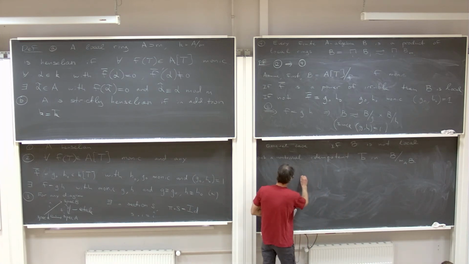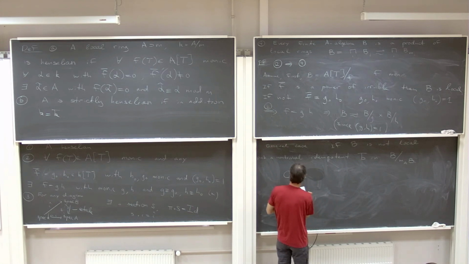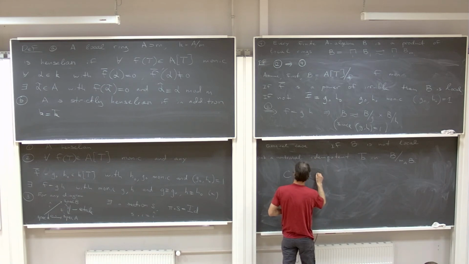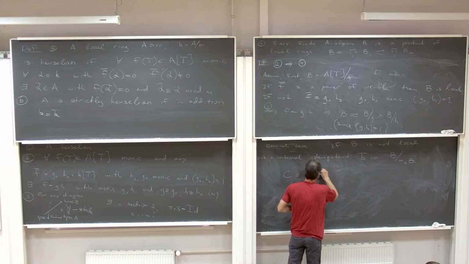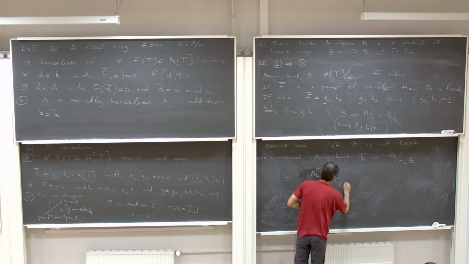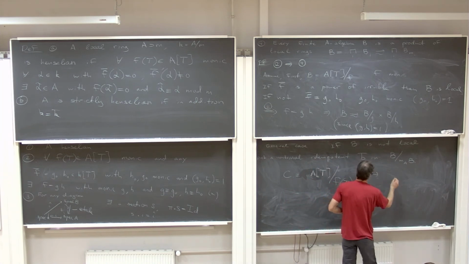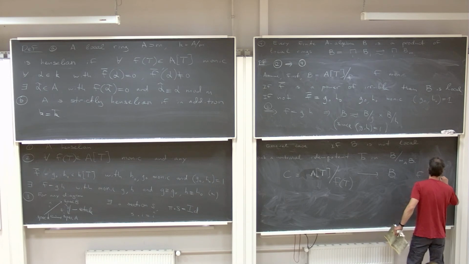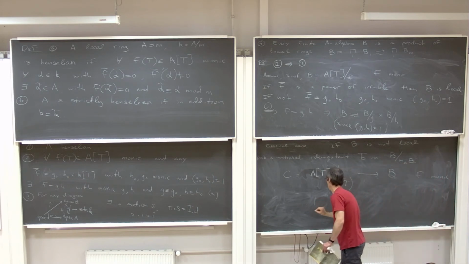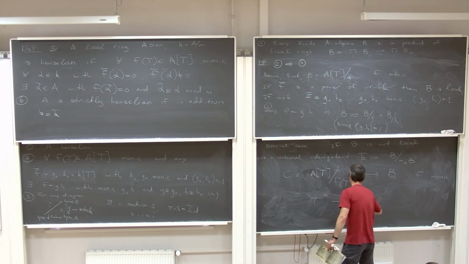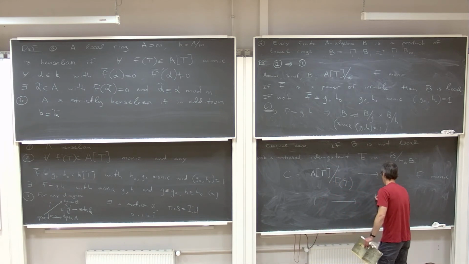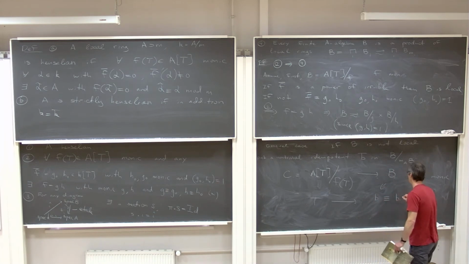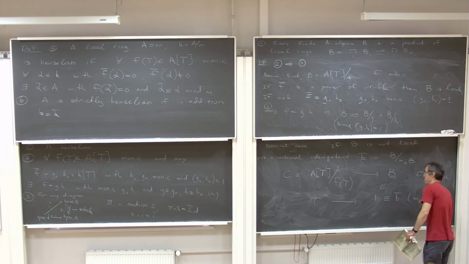So for this, let's pick any preimage of B bar in B. So let's take A[t]/f(t) mapping to B, where f is monic, and t goes to B here, which is equal to B bar modulo the maximal ideal.